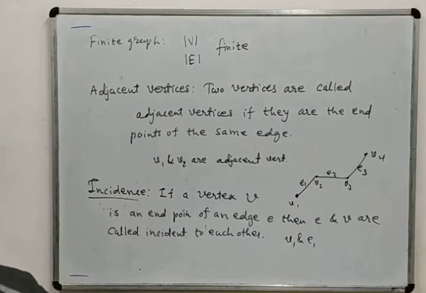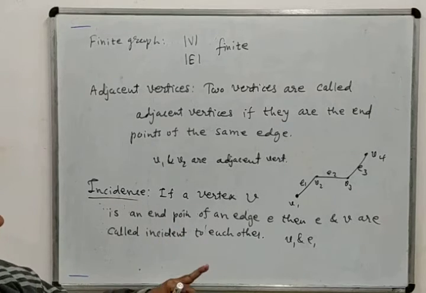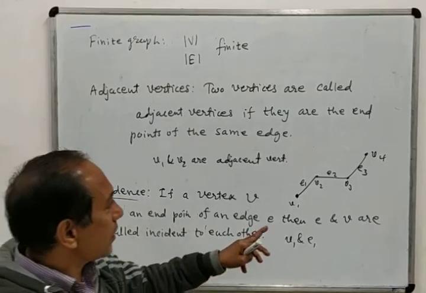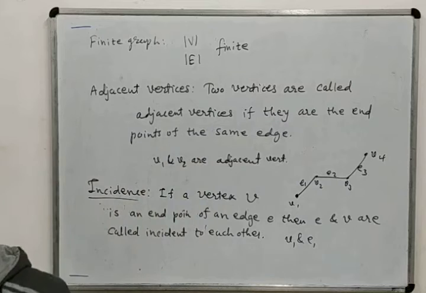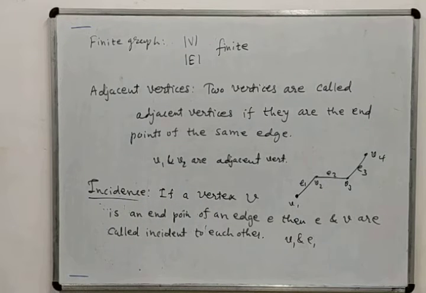So there is no incidence relationship between V1 and E2. But there is an incidence relationship between E2 and V3. They must be connected, they must have the relation, and this is known as the incidence relationship.